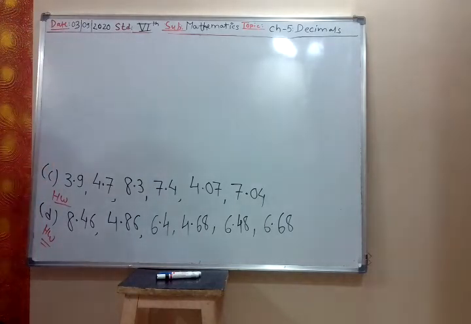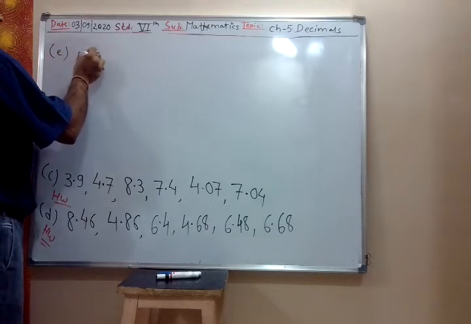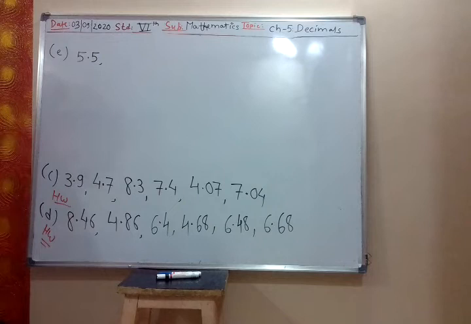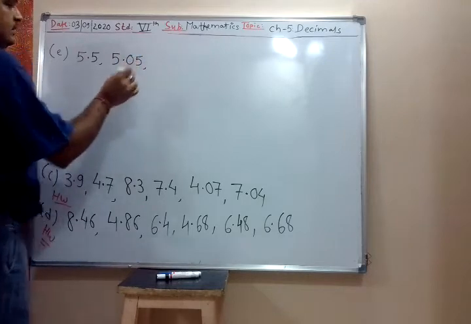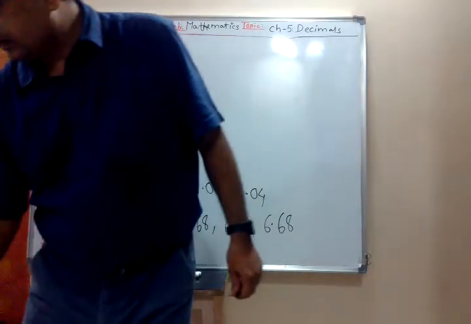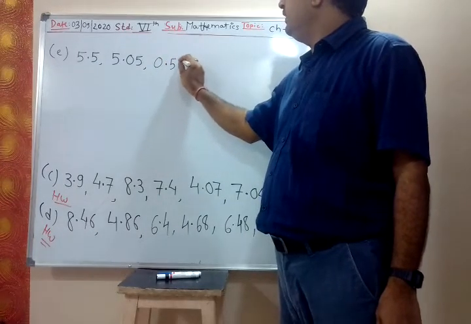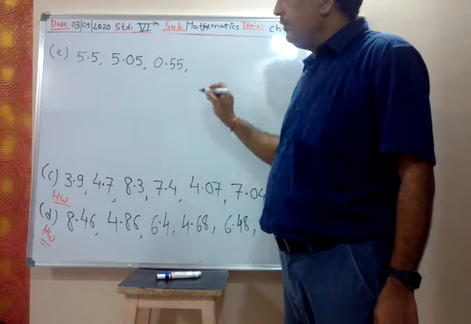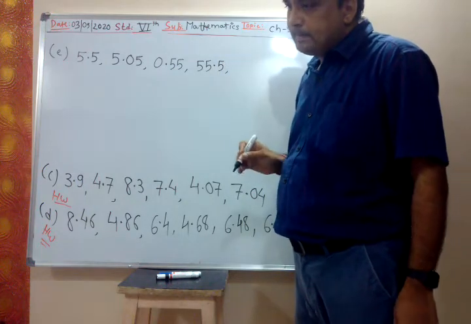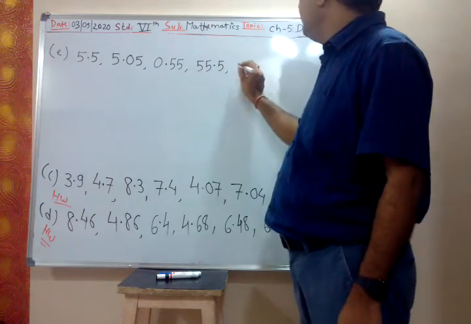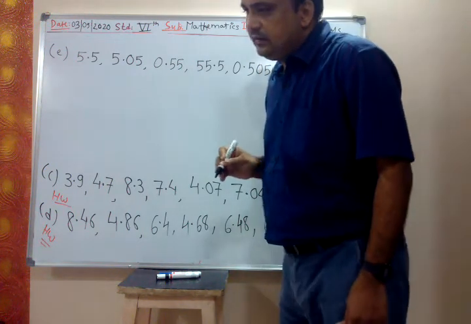So it is E. 5.5, then 5.05, then 0.55, then 55.5, then 0.505, and then we are given 50.5.